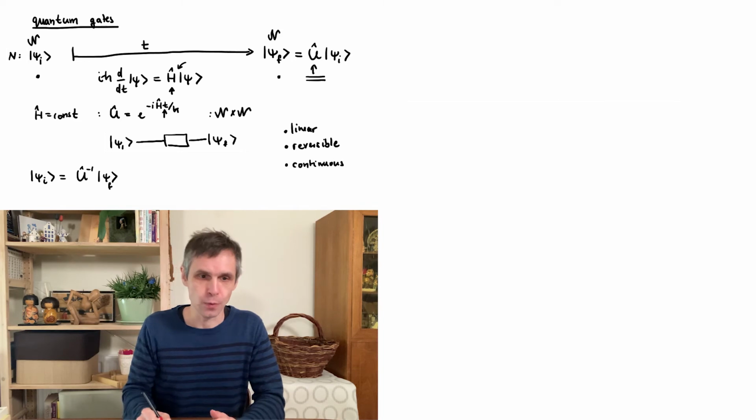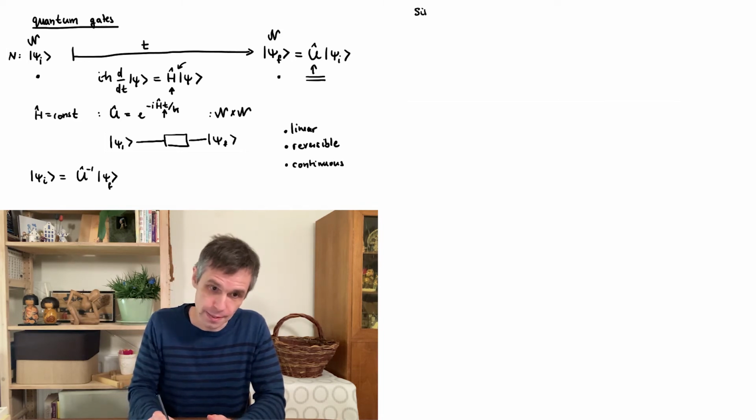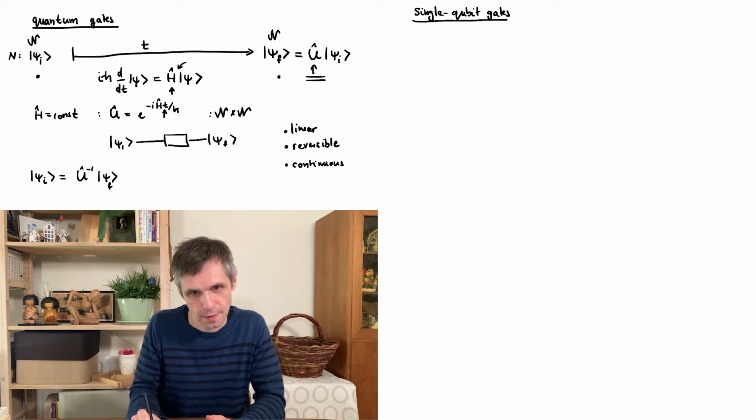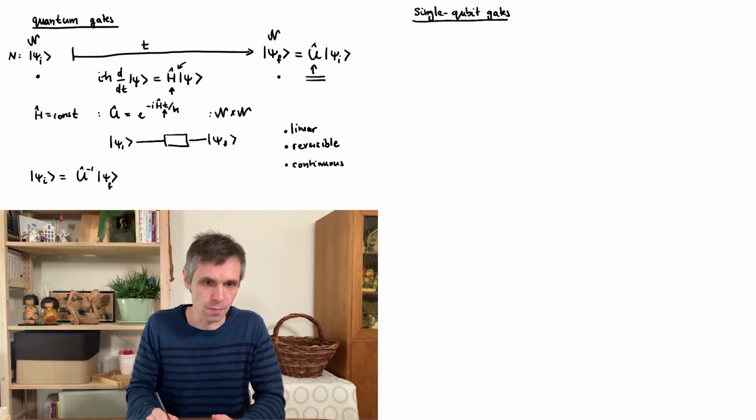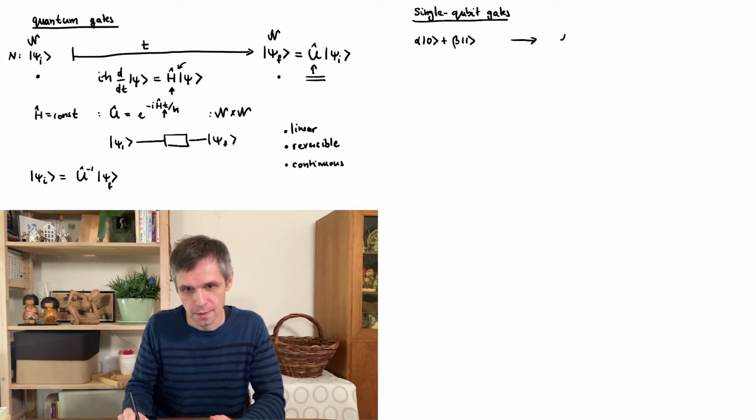To be concrete, I'm going to call the unary gates single-qubit gates. So these would be gates that transform an initial state of a single qubit into a final state.